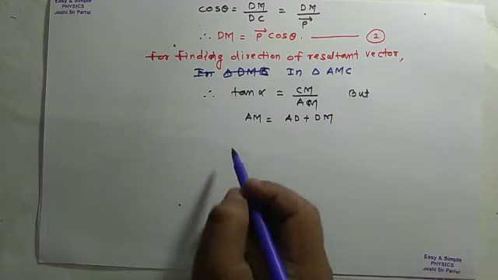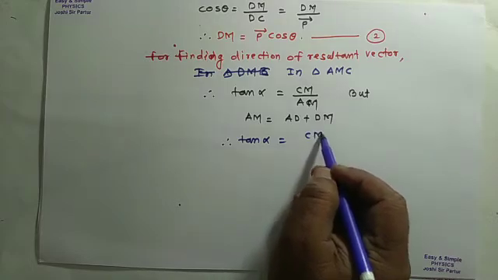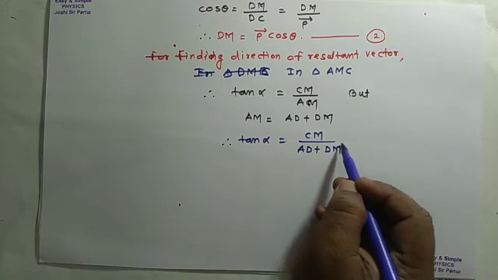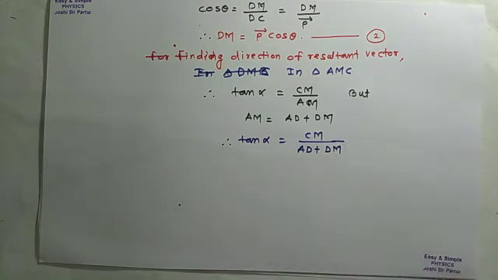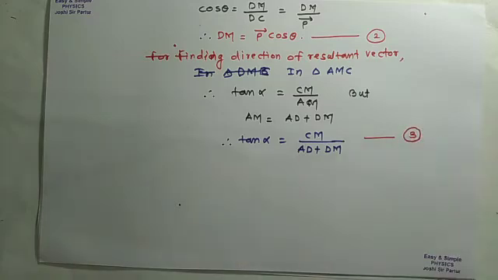So therefore, tan alpha is equal to CM upon AD plus DM. Suppose this is equation number 3.